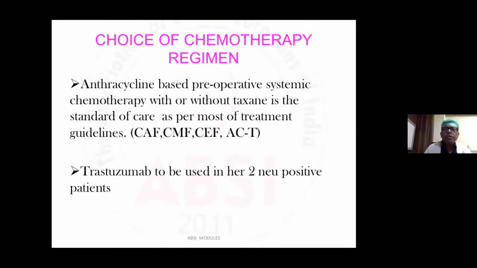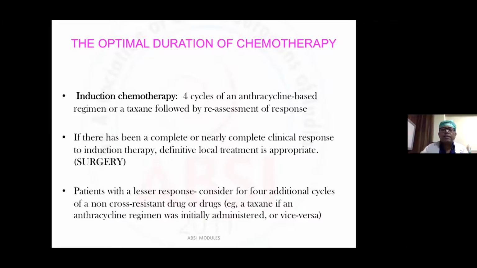If the patient is 43 years of age with luminal A cancer, HER2 negative, then I would start with neoadjuvant therapy with CAF or AC. I am not going to start with a taxane. So this is a classical example of choosing a regimen depending on two things: the age of the patient and the biological character of the cancer.